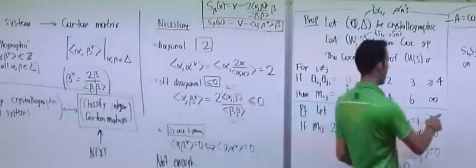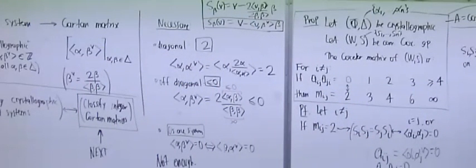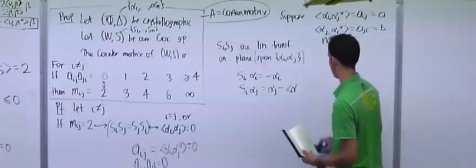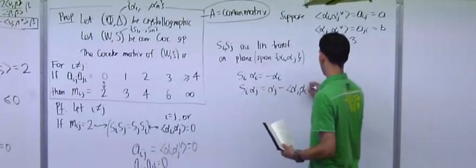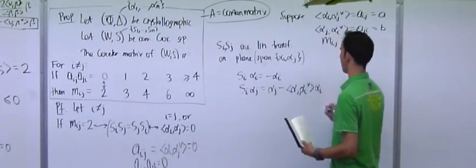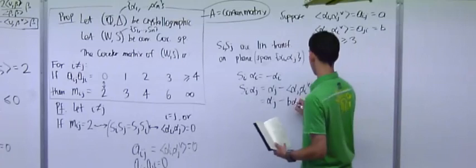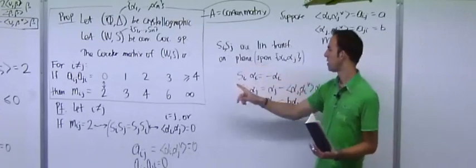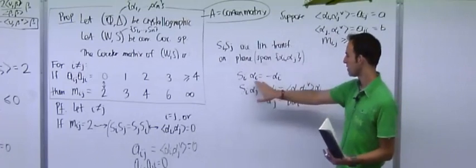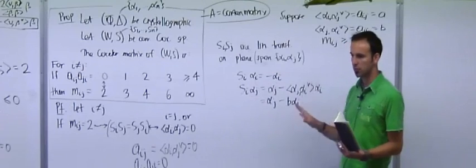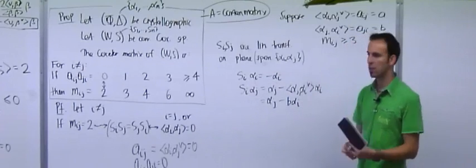So that means that S_i alpha j is alpha j minus (alpha j, alpha i check) alpha i. So this is alpha j minus B alpha i. And so this is why S_i is a linear transformation on this plane. It sends alpha i to the plane alpha i, alpha j, and it sends alpha j to the plane alpha i, alpha j. So really I can focus on that two-dimensional plane and see what S_i S_j does to it. Okay.